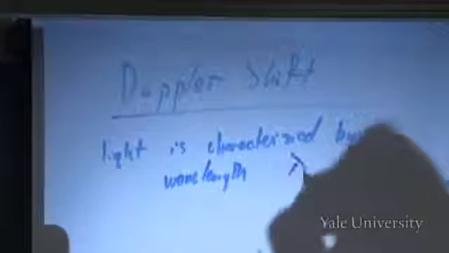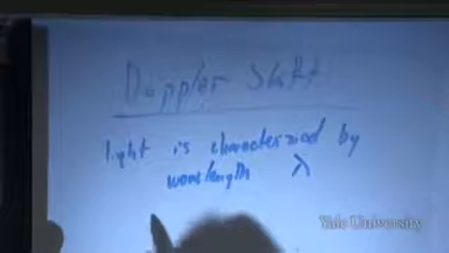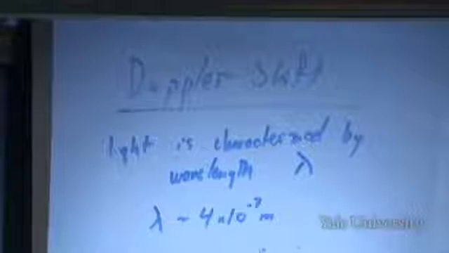Light is characterized by its wavelength, which is usually given the Greek letter lambda, and light that is something like 4 times 10 to the minus 7 meters. A wavelength has units of length. This looks blue to us.